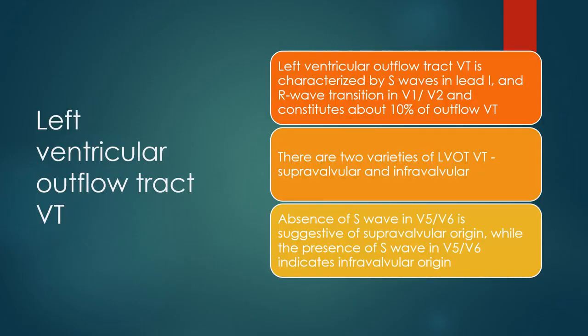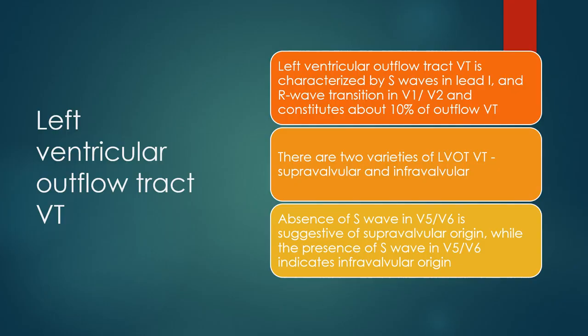Left ventricular outflow tract VT is characterized by S waves in lead 1 and R wave transition in V1, V2 and constitutes about 10% of outflow VT. There are two varieties of LVOT-VT, supravalvular and infravalvular.